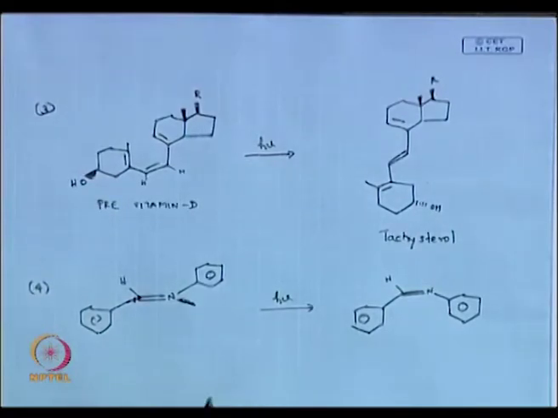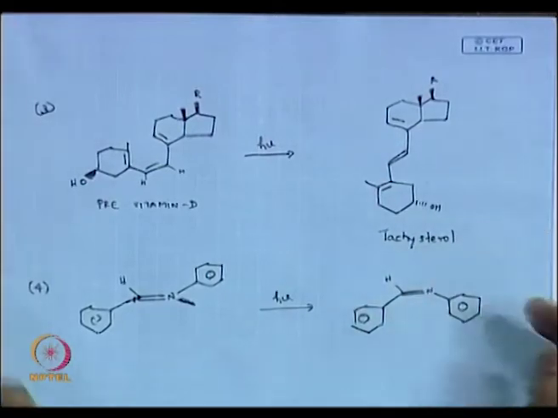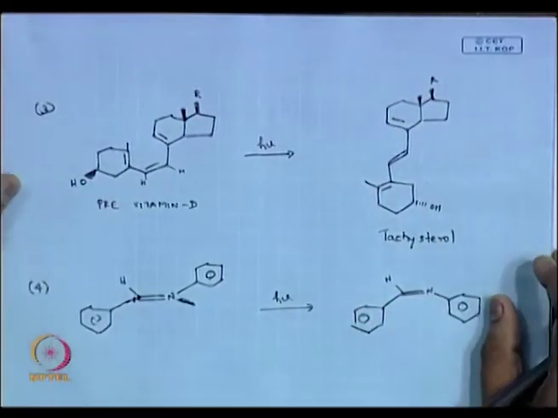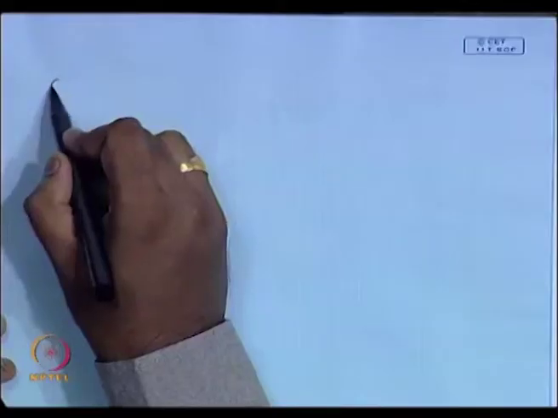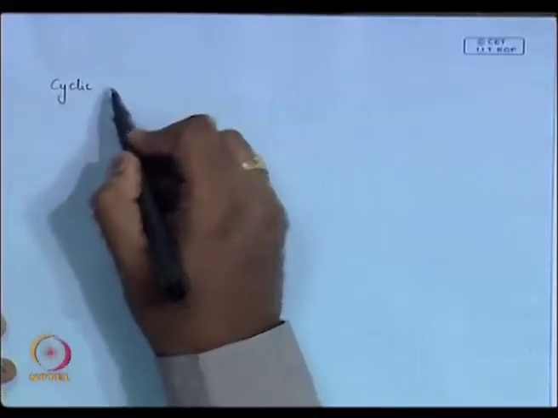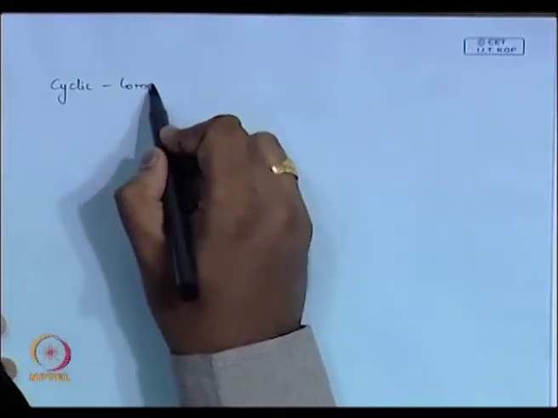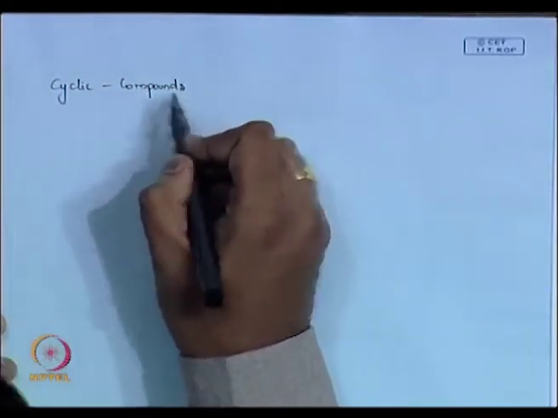Nice systems. Okay, now a little bit more interesting, we will go to cyclic systems. Cyclic system, drawing cis and trans is a little bit interesting. Before getting into cyclic systems, I will tell you some cyclic compounds.